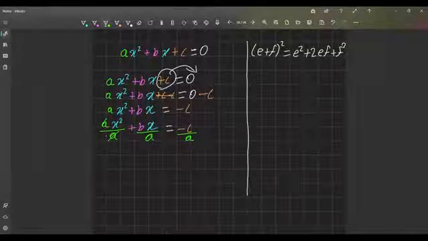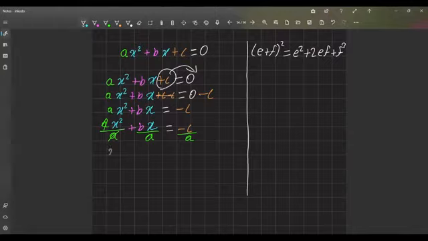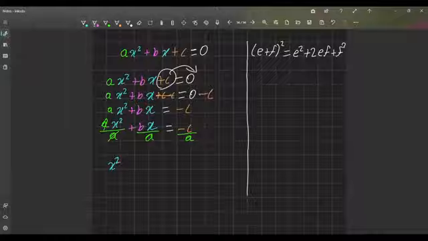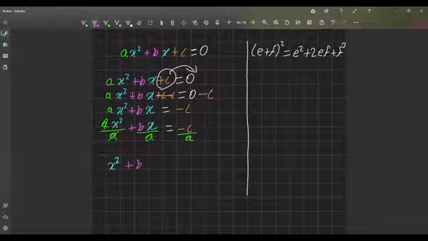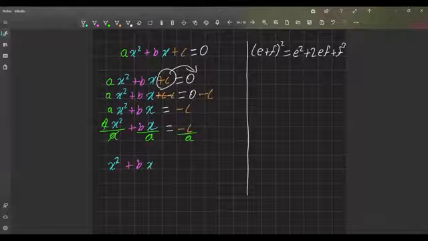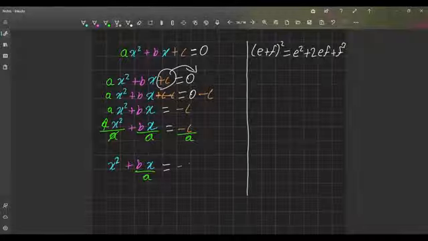I can just cancel out this a and this a here. What I'll get here is x² + (b/a)x = -c/a.